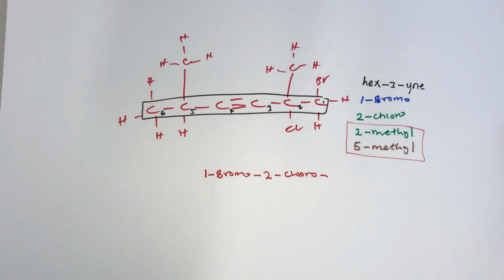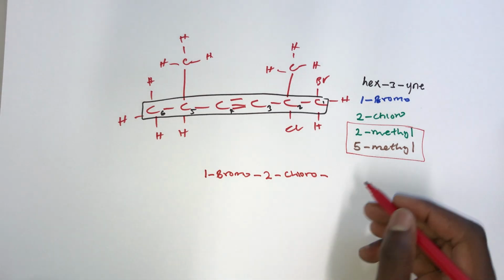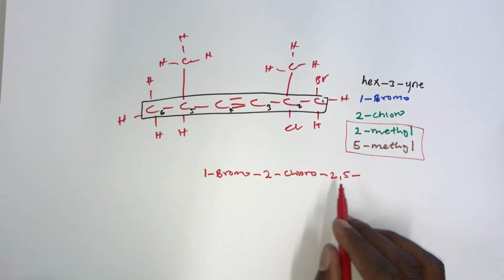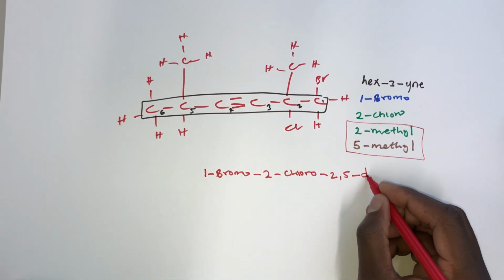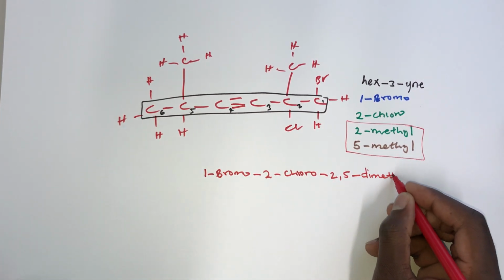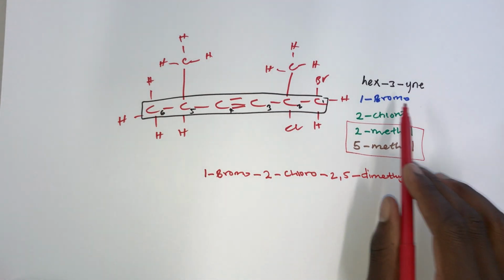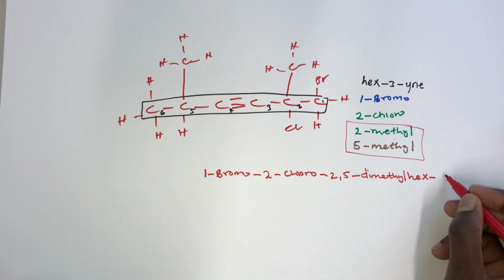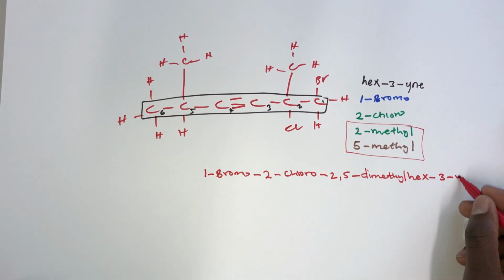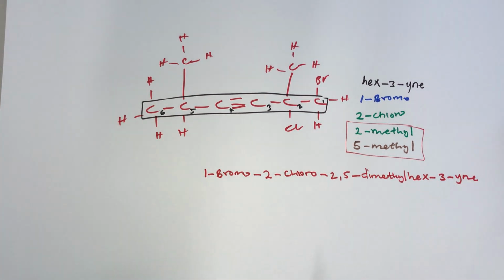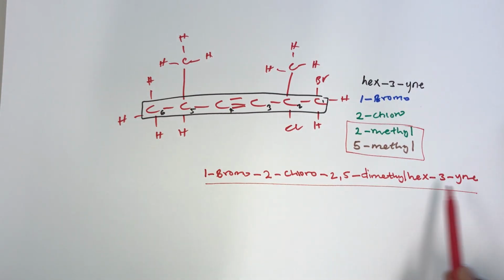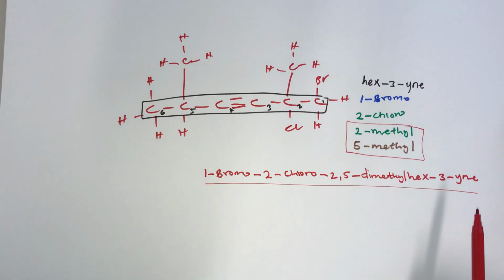So since it's 2 methyls, that means we're going to say 2,5, then dash. Since it's 2, we call them dimethyl. Then the parent name, hex-3-yne. So that means the IUPAC name of this structure is this one.